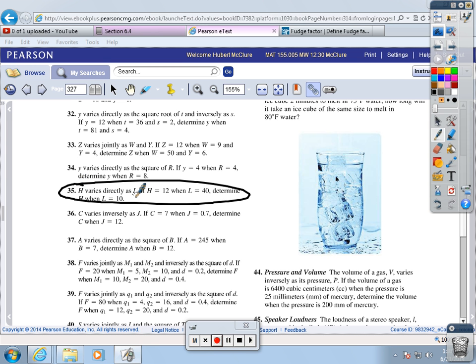H varies directly as L. So we're using Y is equal to K times X. What does respectively mean when you see it in grammar? When you see a sentence with a bunch of stuff in it and it says respectively, what does that mean?